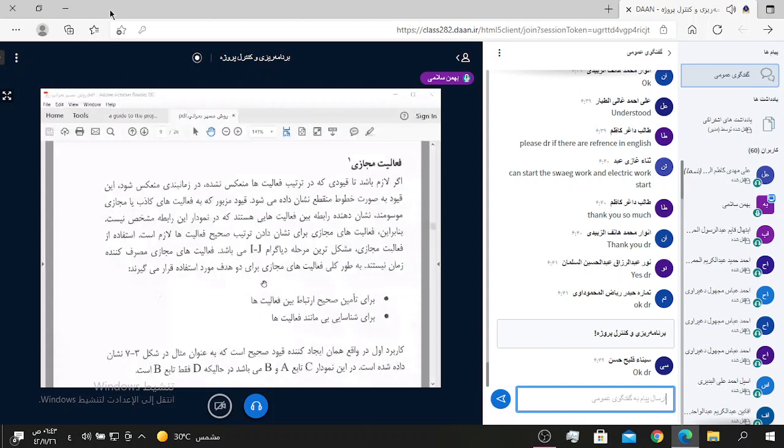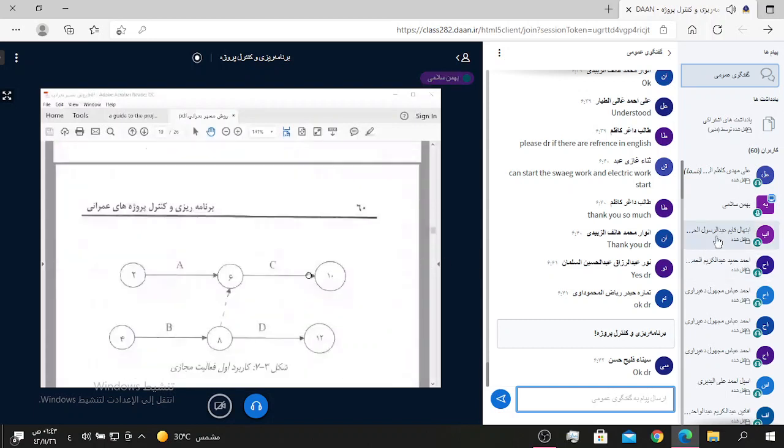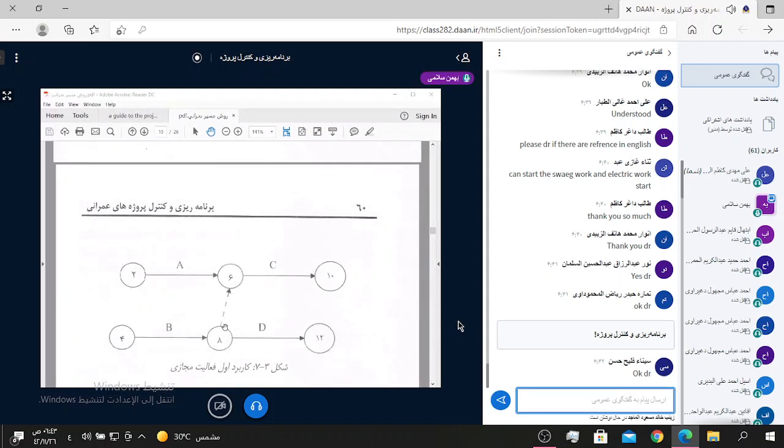In this method, we have some dummy activity. Same as this. The activity between node 8 and 6 is a dummy activity, as you can see.